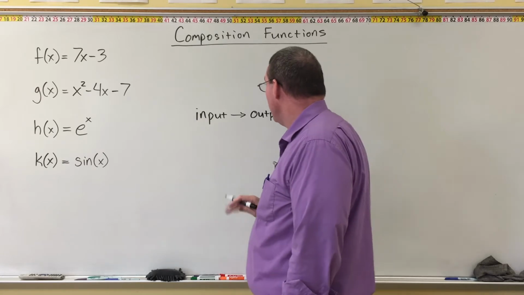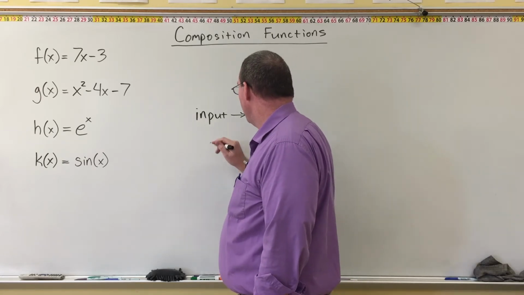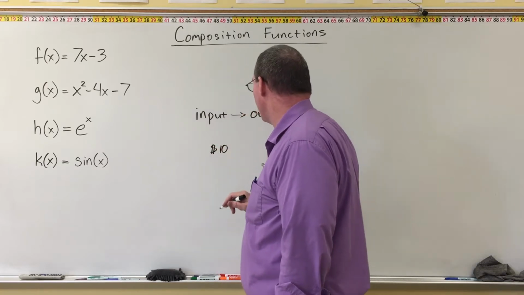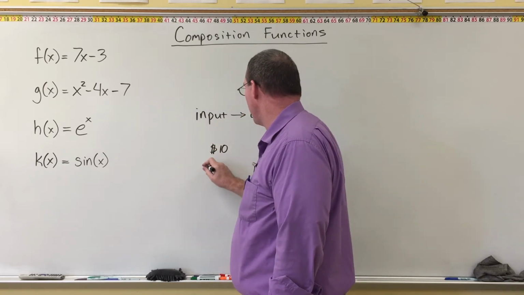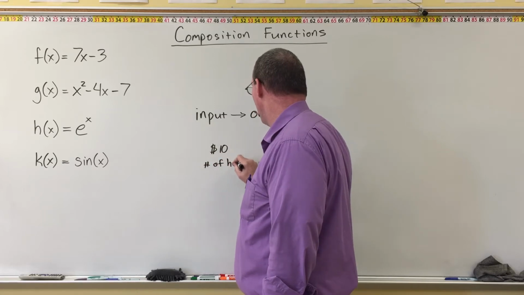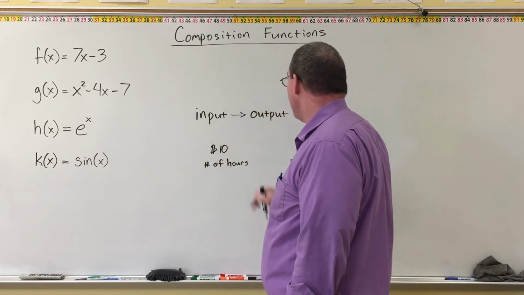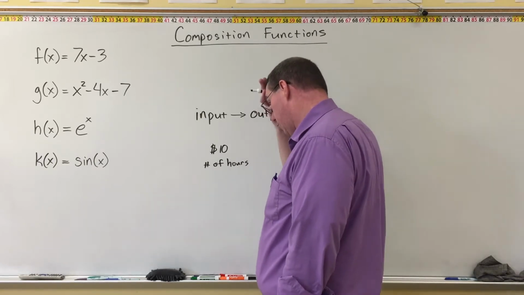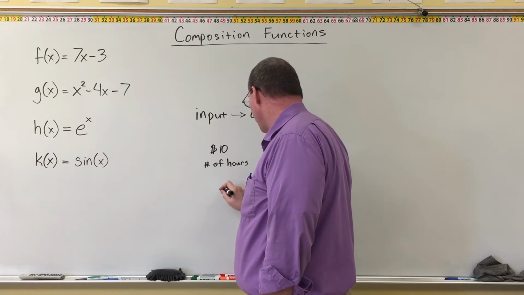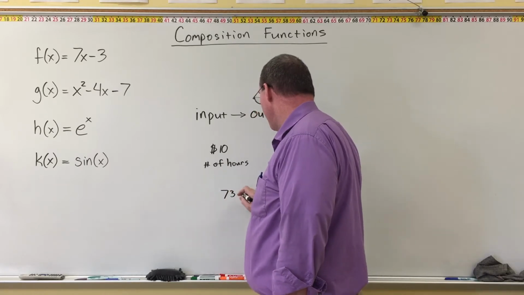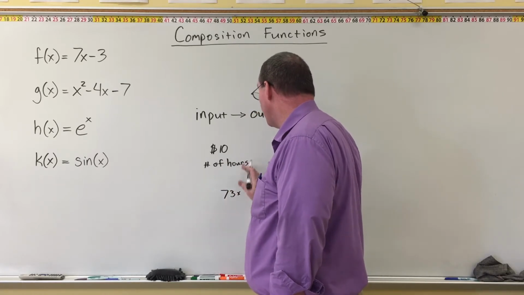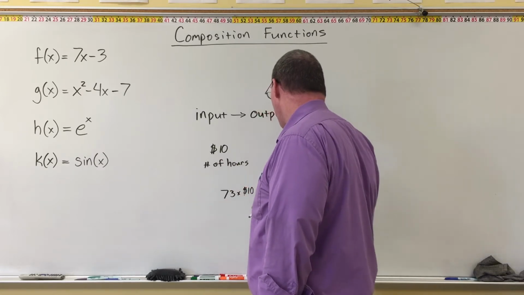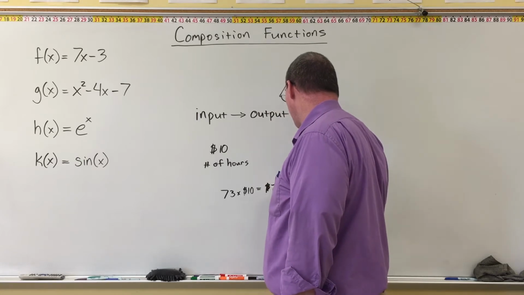So, for example, let's say you have a job and you earn $10 an hour, the input is the number of hours that you work, and the output is how much you earn in your paycheck. In a 2-week period, you work 73 hours, you multiply that by $10, and that gives you $730.